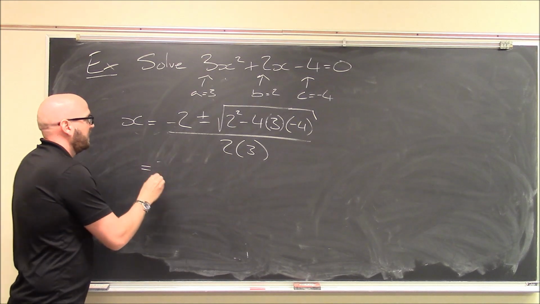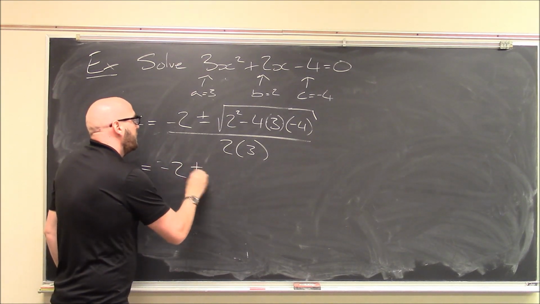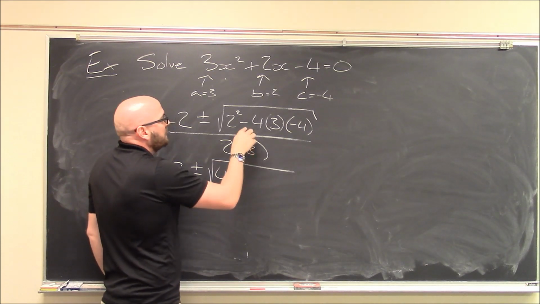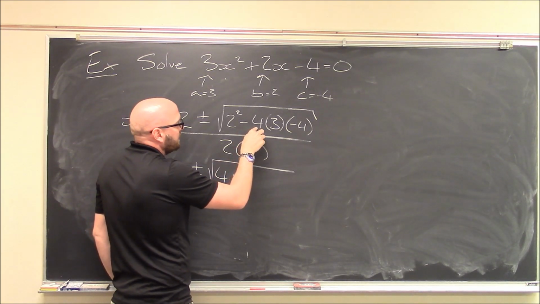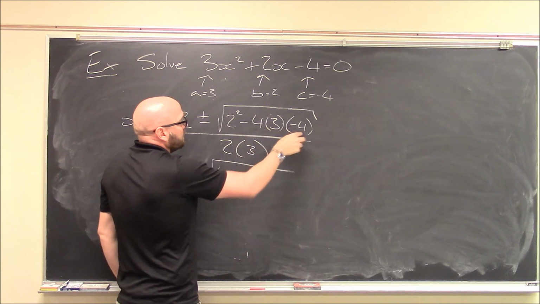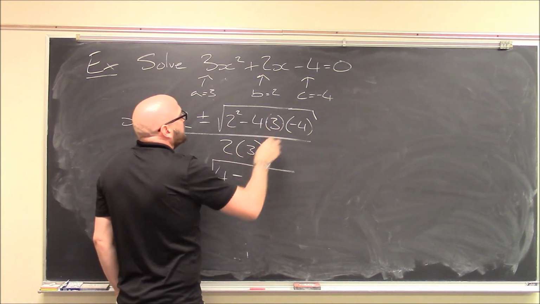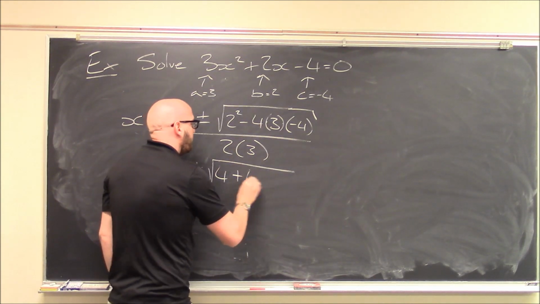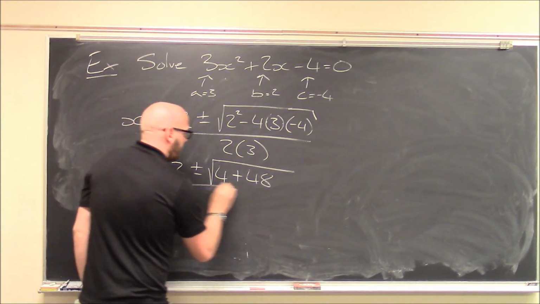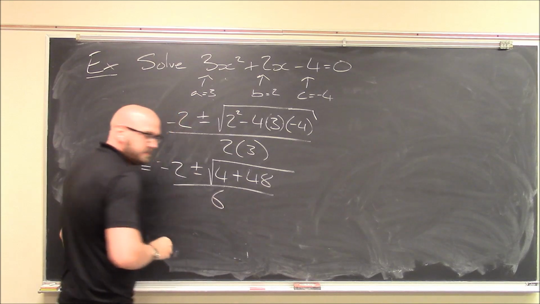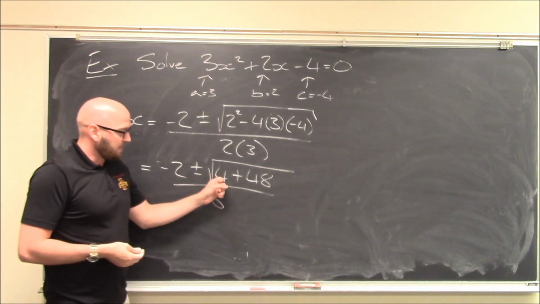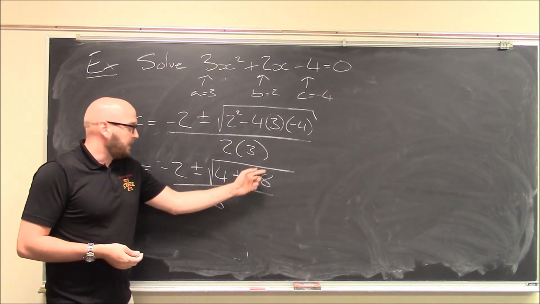Okay, so this is minus 2 plus or minus the square root of 4 minus, what do I have here? 4 times 4 is 16, times 3 is 48, minus minus becomes plus 48, all over 2 times 3 is 6. And the last thing I would do is, of course, write this as a single expression. 4 plus 48 is 52.